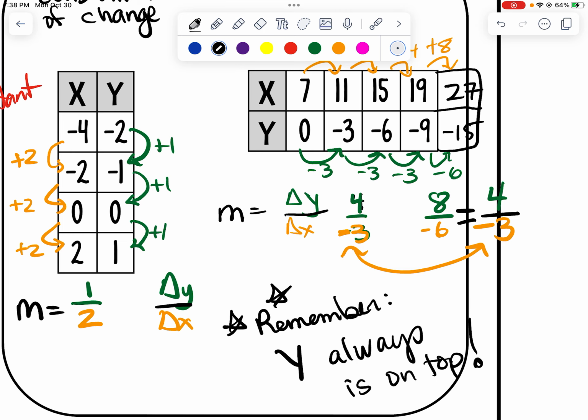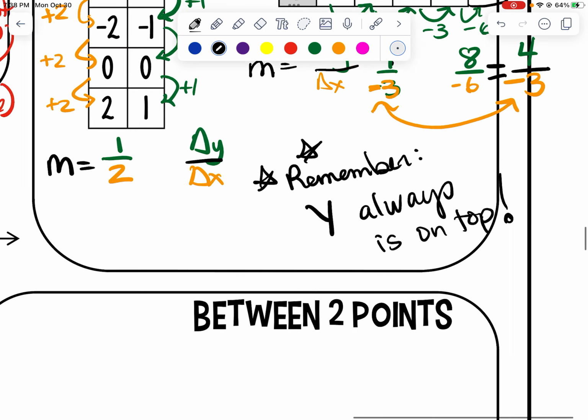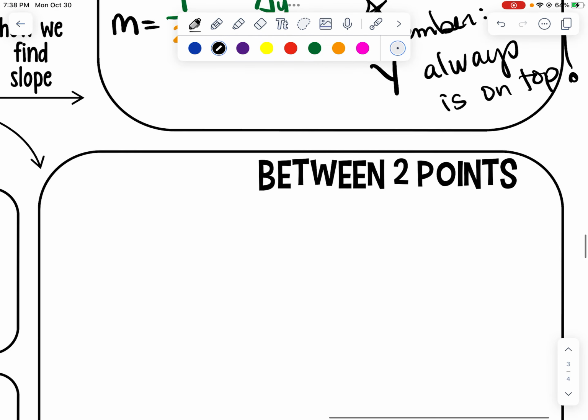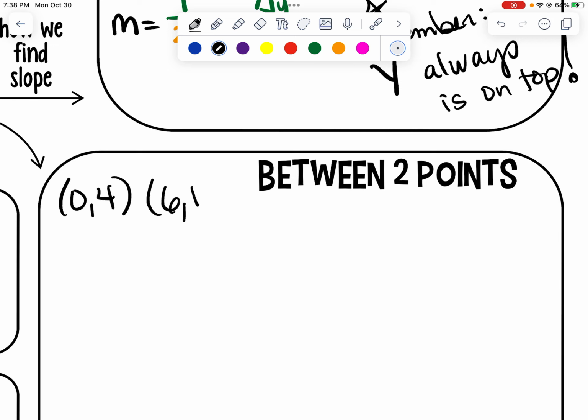So, let's look at if I have 2 points. I'm going to go with 0, 4 and 6, 12. So the slope is equal to, now I've been talking about the change in y over the change in x, but there's actually a formula.